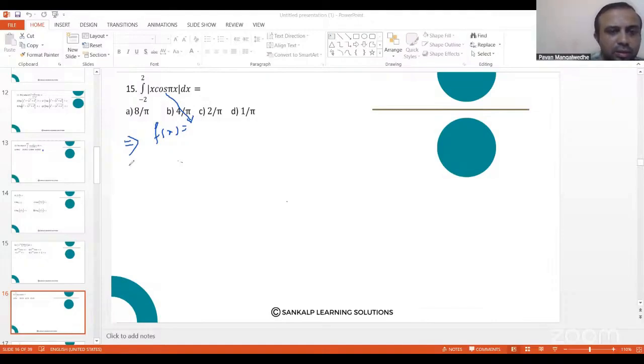Since we know that cos of minus theta equals cos theta, not minus cos theta, f of minus x is mod of minus x into cos of pi x, because for minus it takes the x but not the cos.